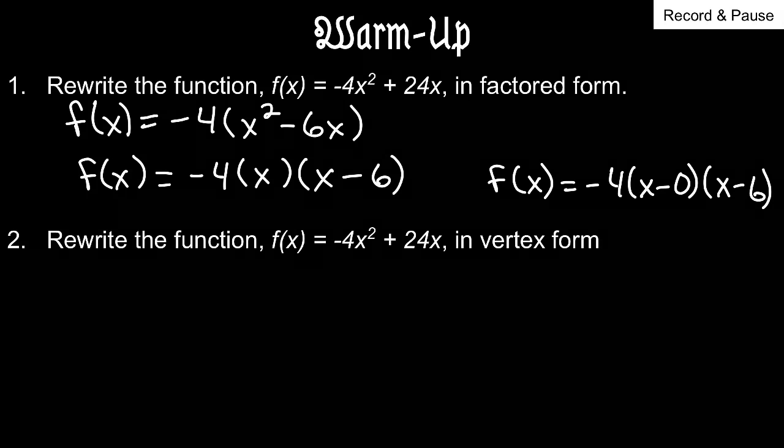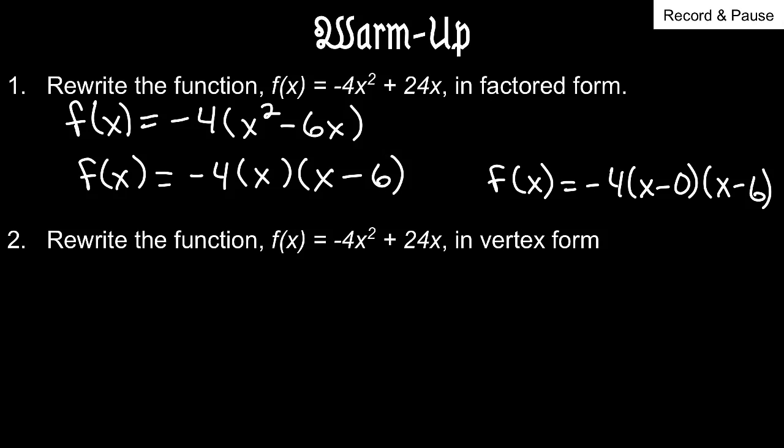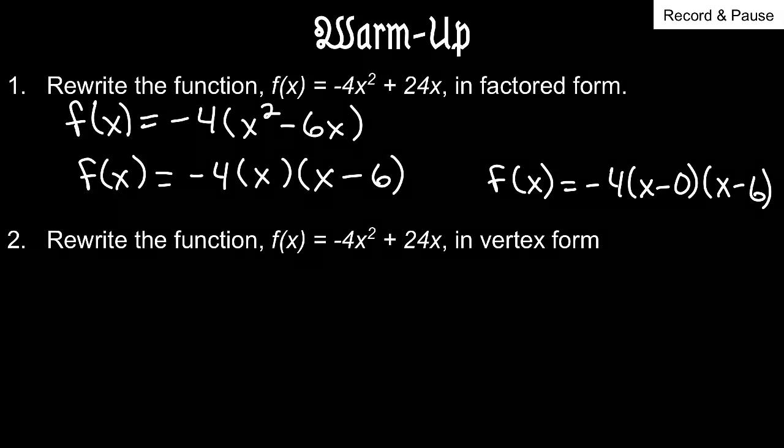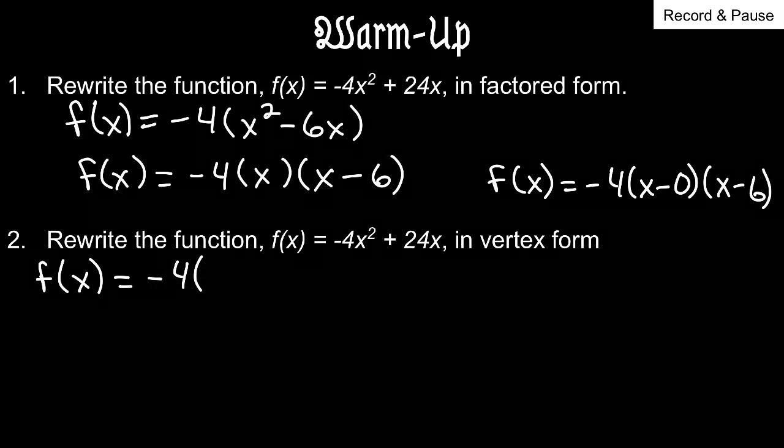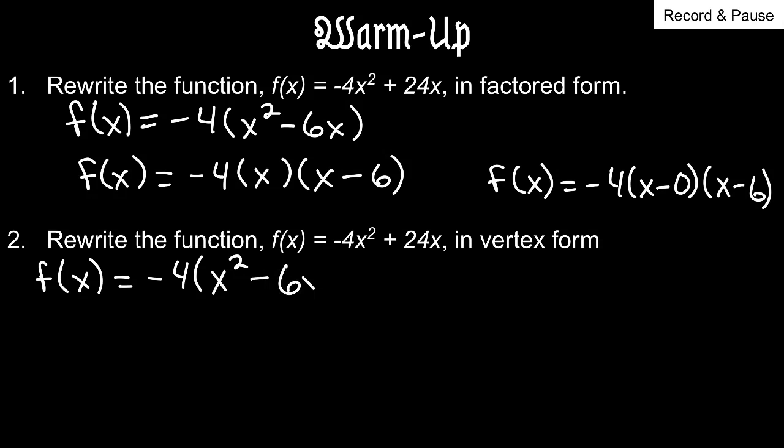So we're given that same function and we're supposed to write it in vertex form. And so again, remember that I need to first rewrite it by factoring out that -4. That's our first step. So it's going to be -4 times the quantity x squared minus 6x.